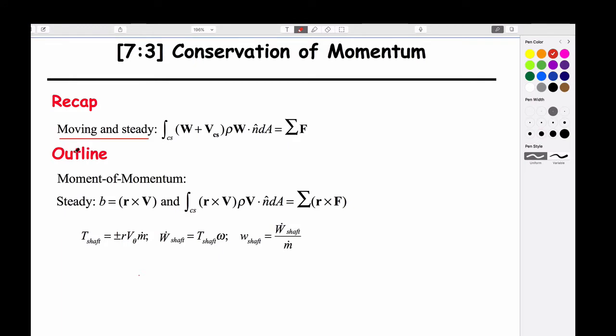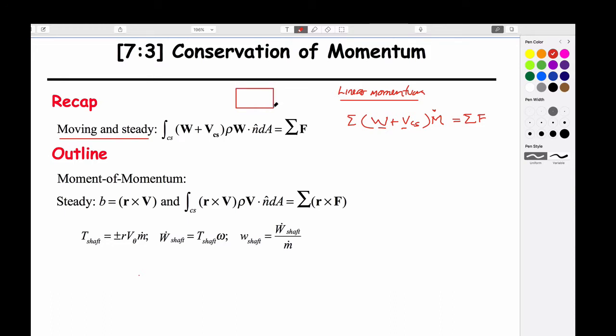It might be worthwhile noting that for linear momentum, we've chosen to write this expression as something that looks like this, where these are all vectors, and our control volume is just a block.